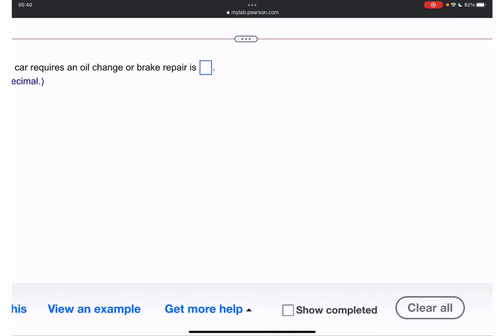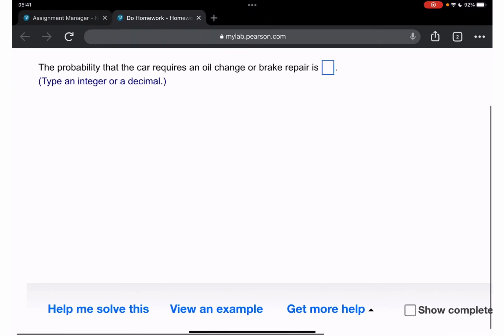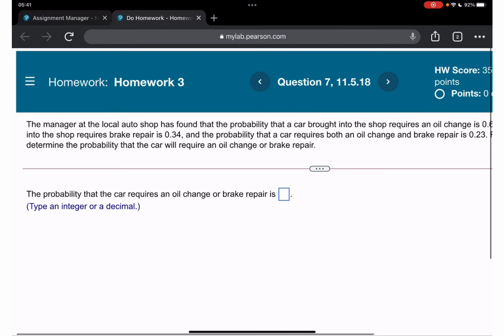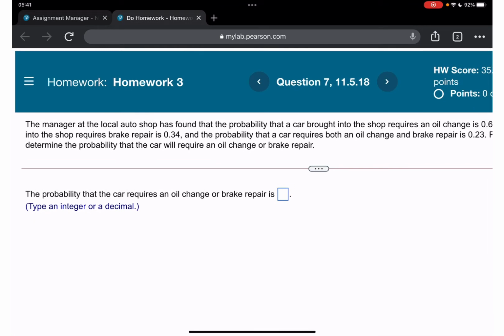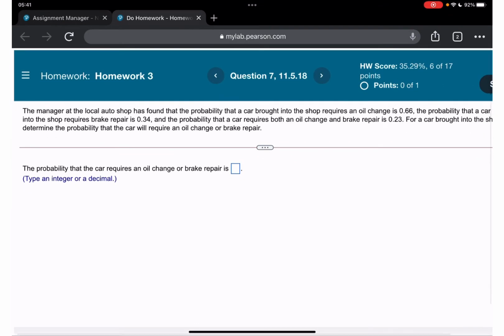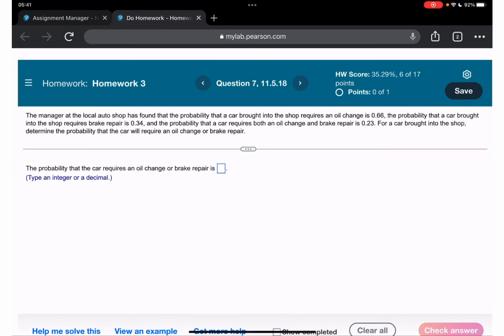Okay, what do we have in this case? Let's read the question so we can understand. The manager at the local auto shop has found that the probability that a car brought into the shop requires an oil change is 0.66, which is 66% probability.